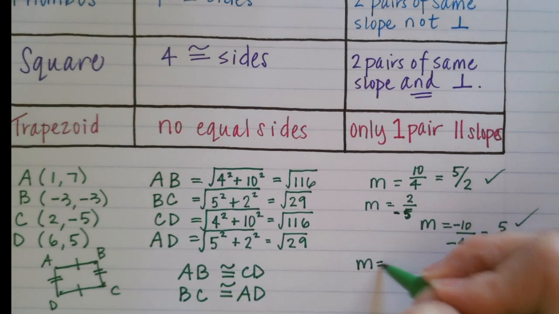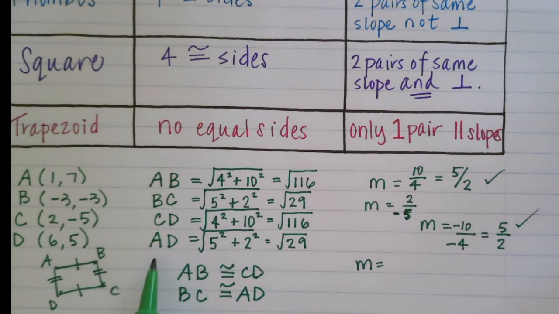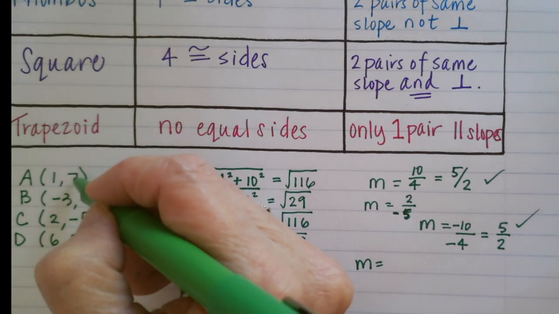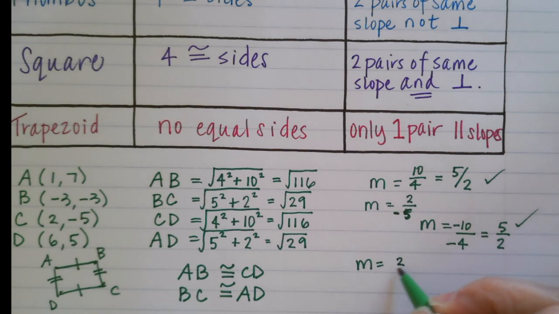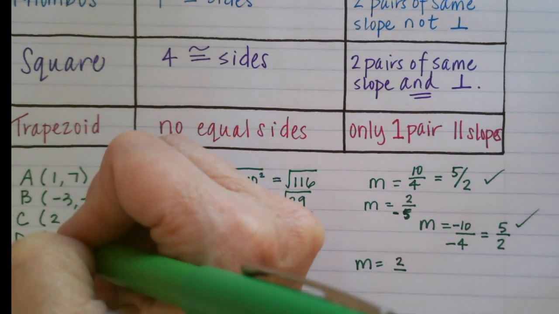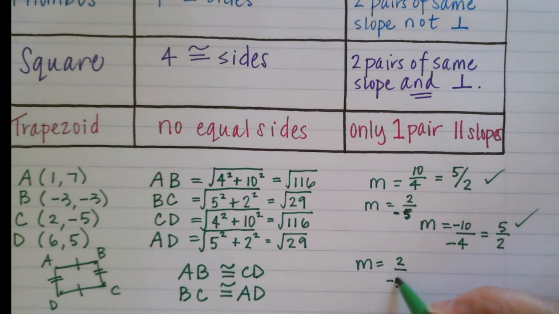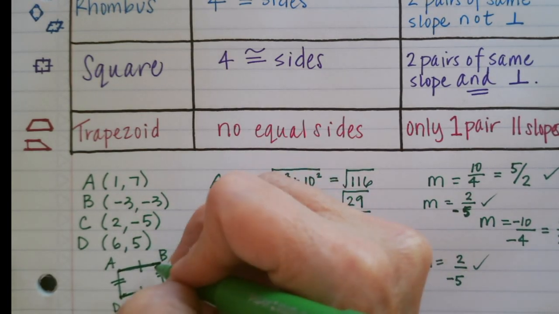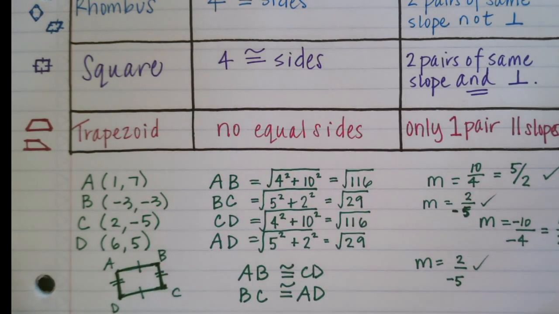Now let's find the slope of side AD. Y minus y is 2, and x minus x is negative 5. So now I know that those two are parallel. This side is parallel to this side, and this side is parallel to this side.